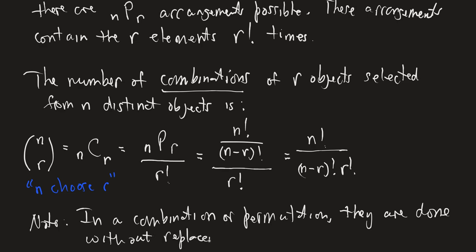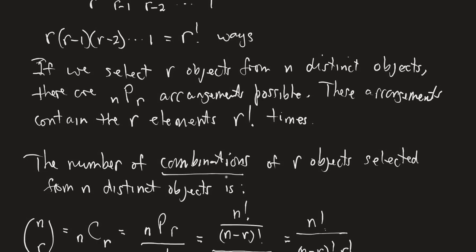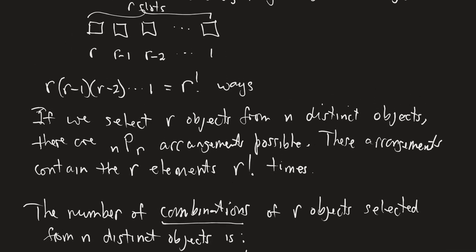Well, let me scroll back up just for a little bit. It factors into our logic right here, that after we fill the first slot with one of R elements, we only have R minus 1 elements left over. The one that's here, we don't somehow put back in the pot so that it could end up here. That's why these numbers are decreasing all the way down to 1.